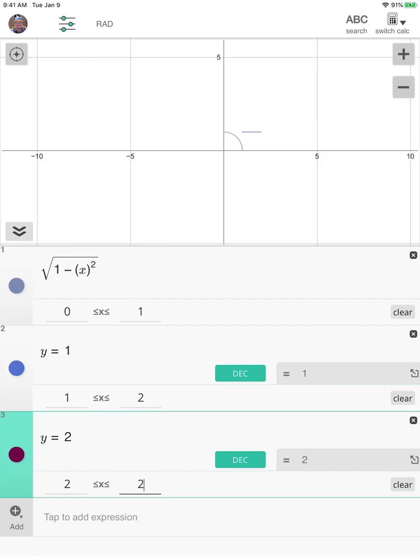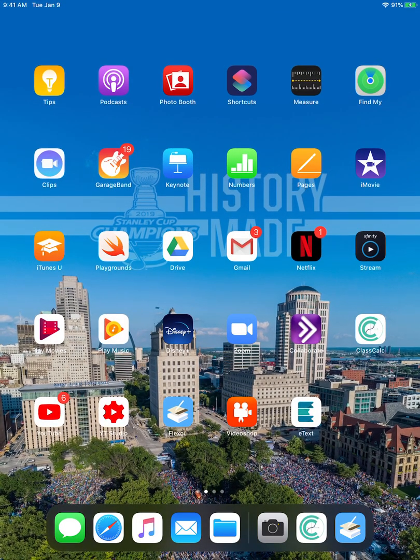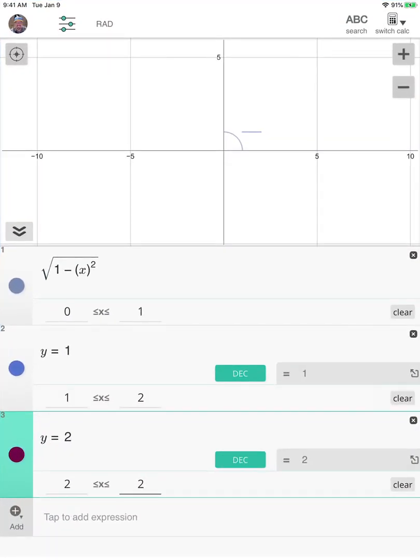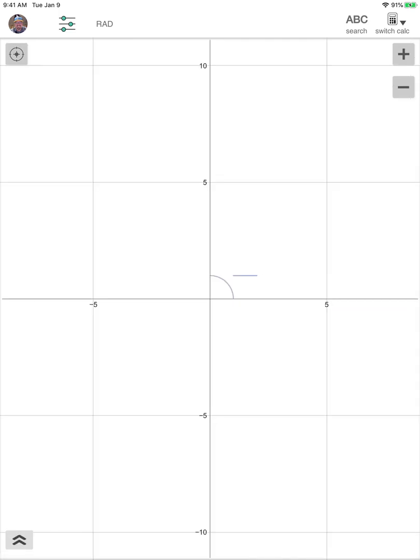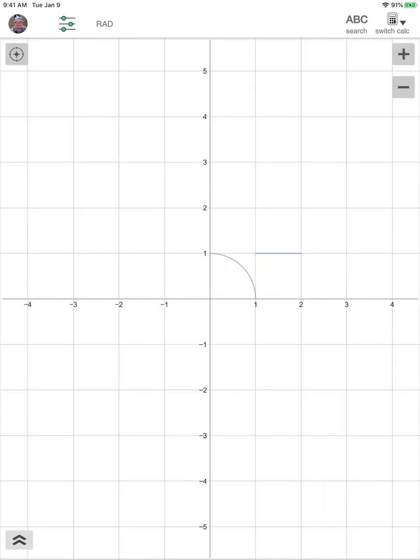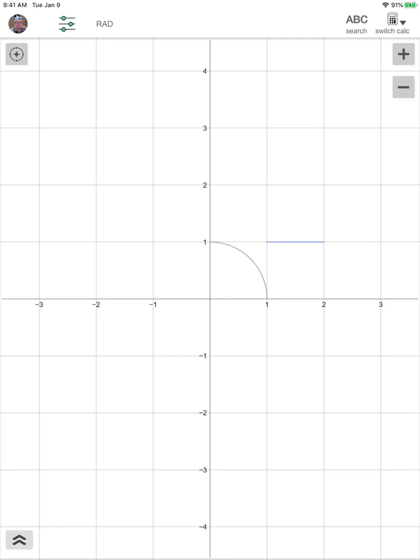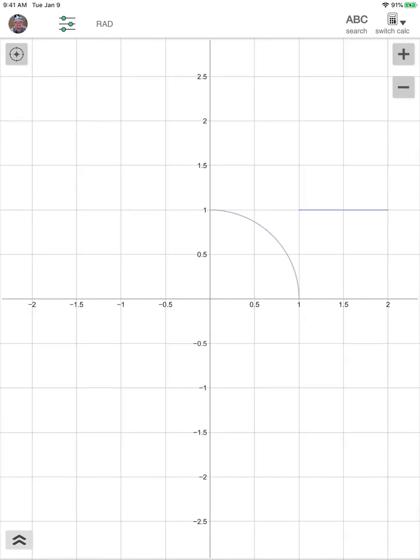And so now we can talk about its limits. I'm just going to go ahead and take a screenshot of this and add it to the notes.